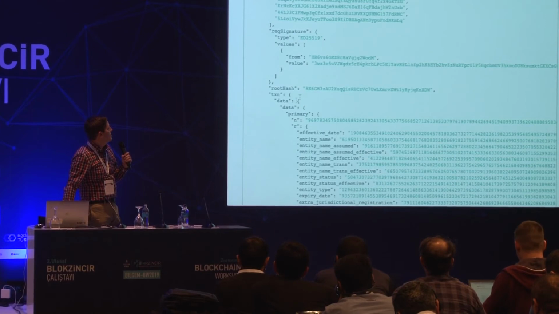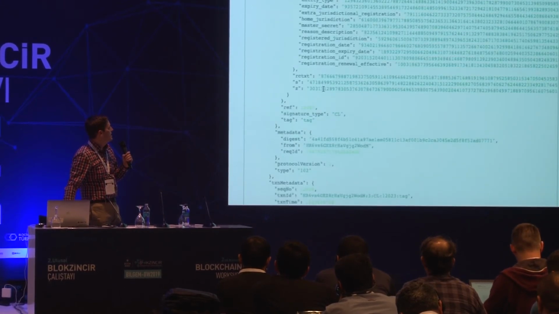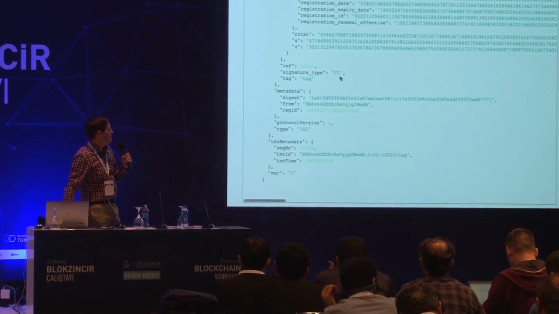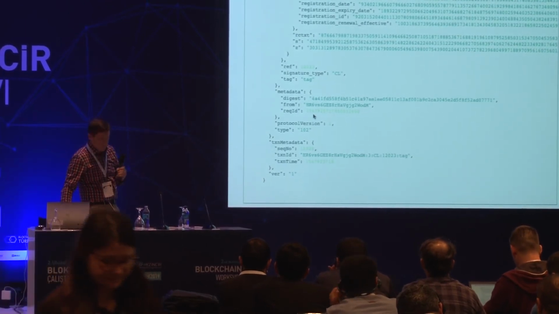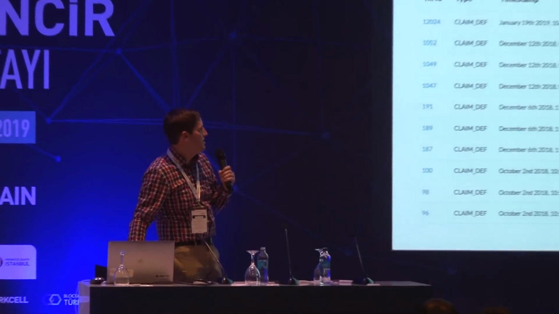Yeah, this is the block it was written in. This is the type. The version. Anything you want to look at, just use IndyScan to look at things. So there are quite a few DIDs written on there.